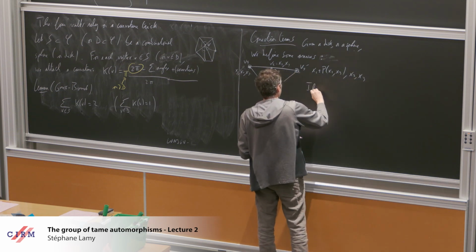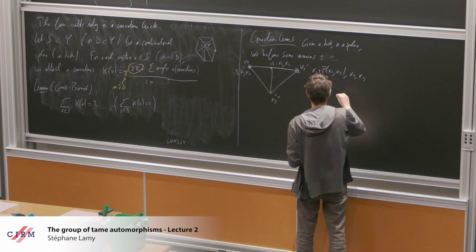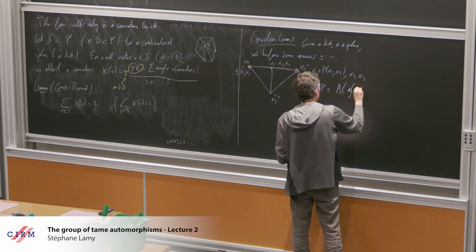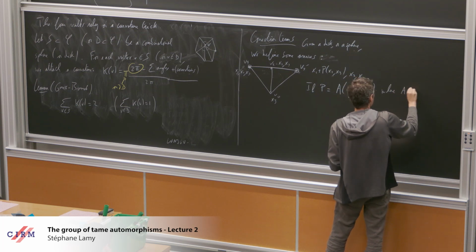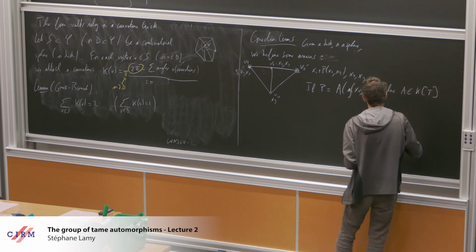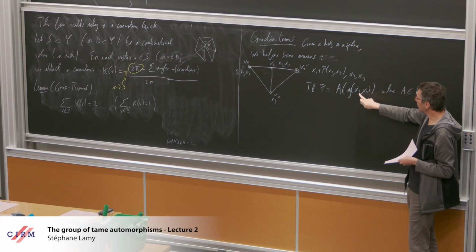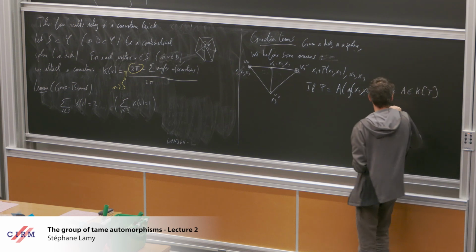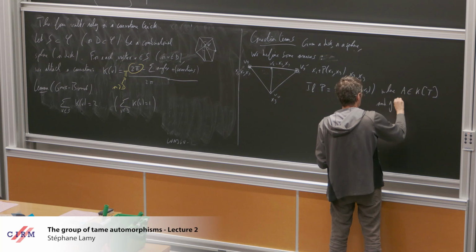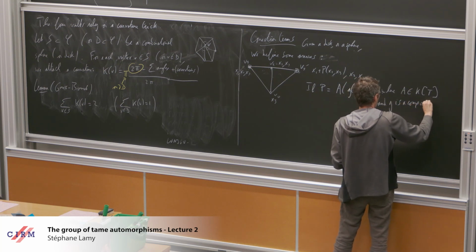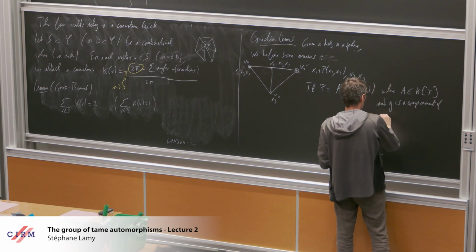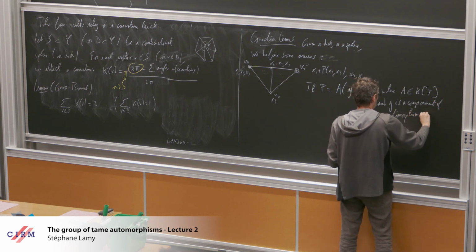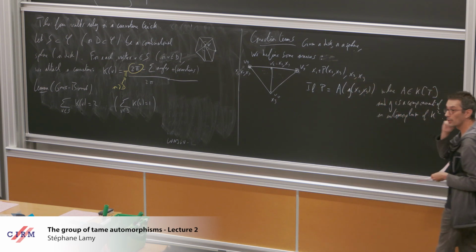If p has the following special form, it is of the form a of g of x2, x3, where a is a one variable polynomial, and g is a component of a polynomial automorphism of K2 in the variables x2, x3.